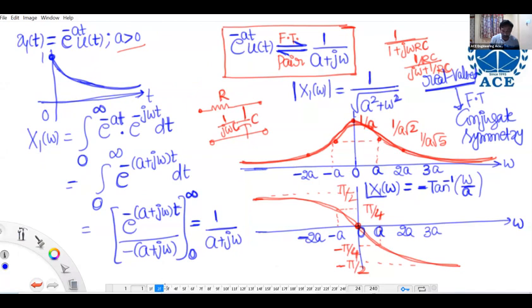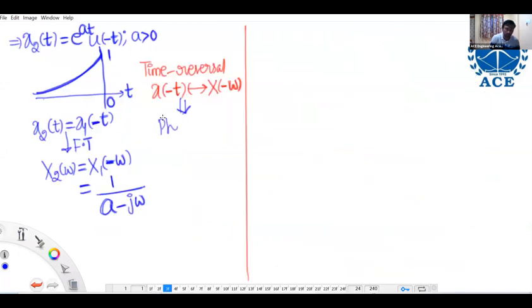By the application of the time reversal property, the phase spectrum changes. Magnitude remains the same. Very good. Most of you answered. Only the phase spectrum changes. The magnitude spectrum remains the same.